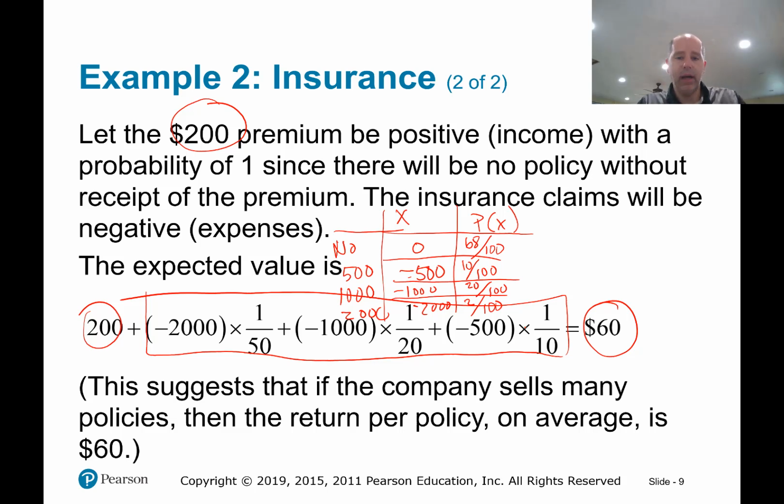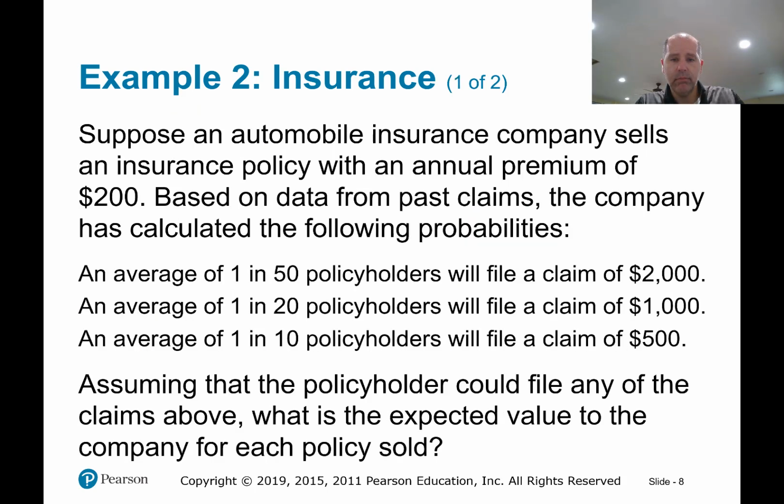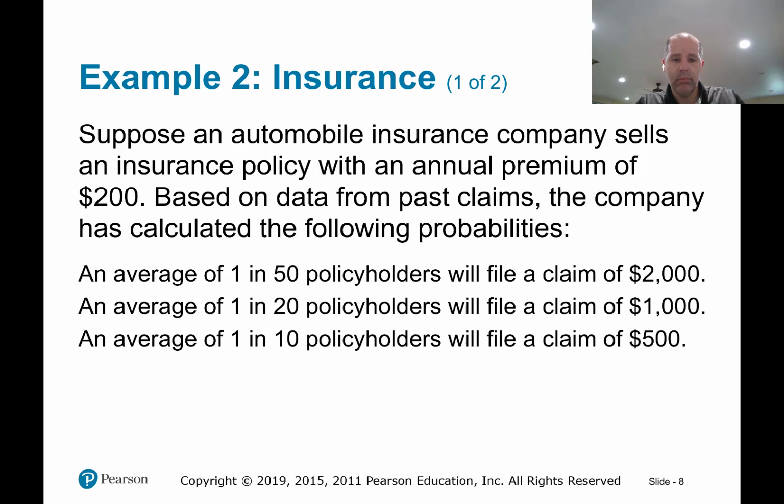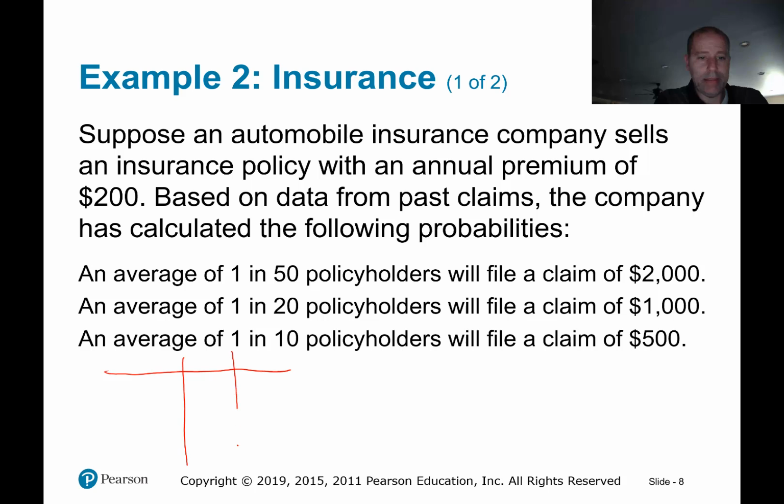Now, the other way to do this would be to talk about net gain, and I think this is the better way to look at it. So here's the outcome.